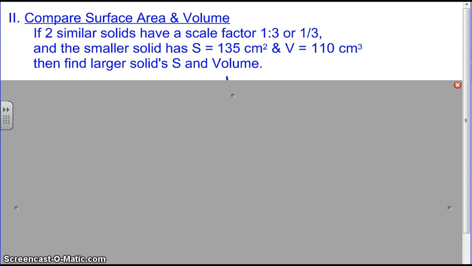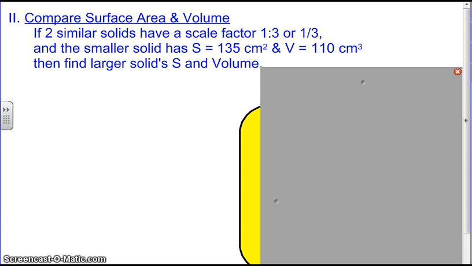All right, so let's go ahead and use what we've just been talking about in a real example. Pause the video and take this down. So we're looking for the larger solid's surface area and volume. Let's start with surface area. We know that we have a scale factor of 1 to 3. So when we look at that, we know that the smaller solid would be on top, right?